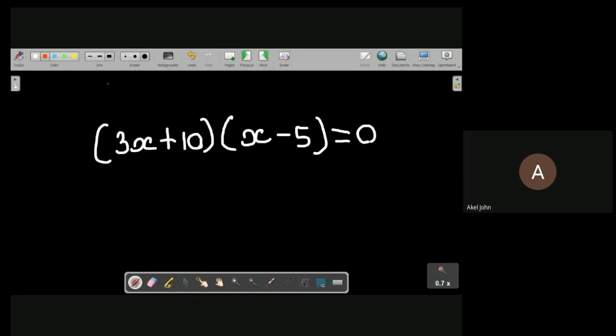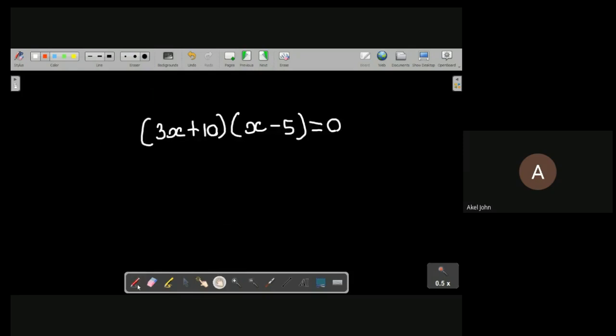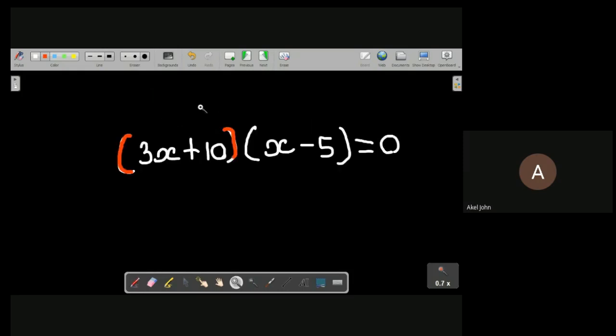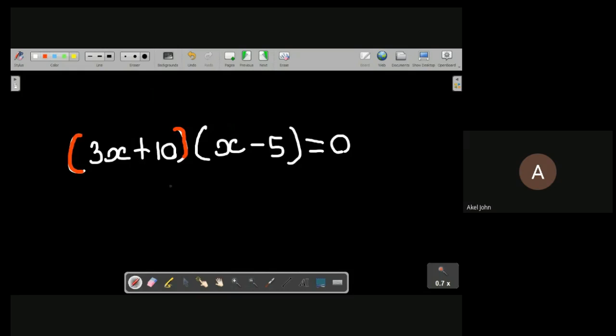When you have two binomials, you need to equate each of them to 0 separately. So 3x + 10 needs to be equal to 0 on its own, and x - 5 needs to be equal to 0 on its own.